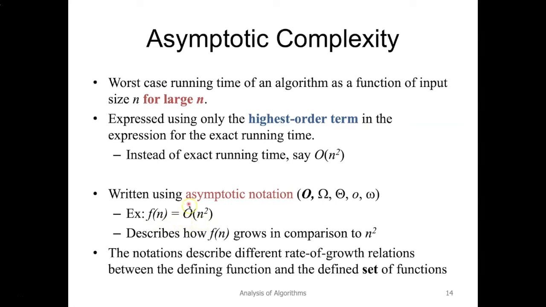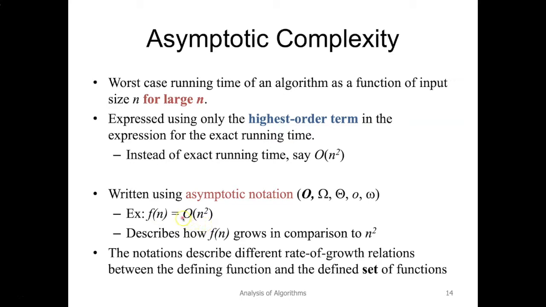Which asymptotic notation we use here, whether it's big O, big omega, theta, little o, or little omega, each one of these describes a different way in which f of n grows with the function inside of the parentheses here.